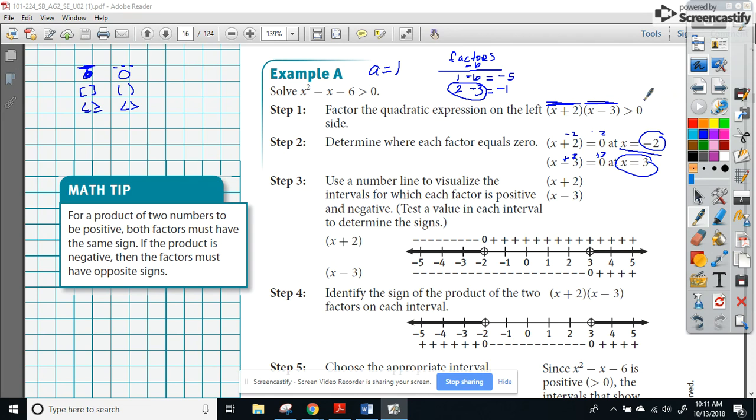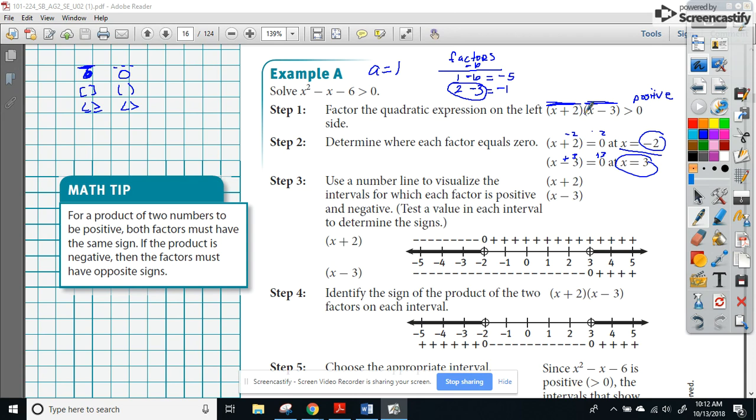And the answer to this multiplication problem is a number that's bigger than 0. Well, what are we talking about when we say numbers that are bigger than 0? We're talking about positive numbers. So what all this is saying is that we're going to multiply these two numbers together and our answer is going to be positive.